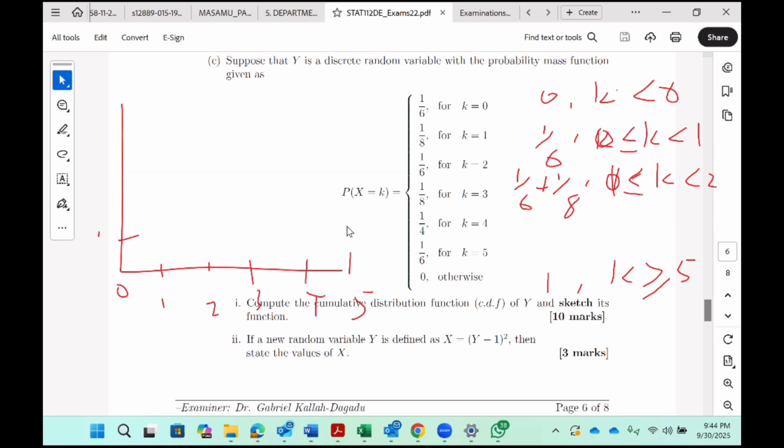Then you come to the next one, it moves like this. The 5 will be the last one, like this. So this is what you are supposed to get as we learn how to sketch the cumulative distribution function. Are we okay with that? Okay.